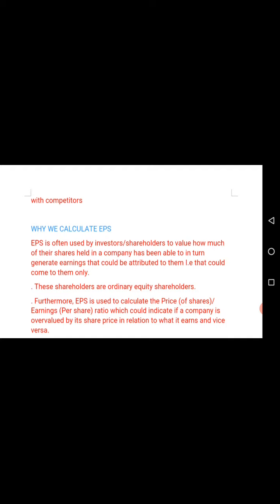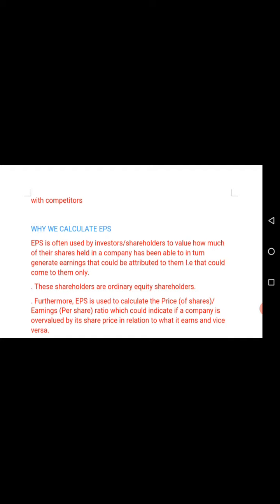EPS is often used by investors, shareholders, to value how much each share has been able to generate in earnings, that's profits, and that profit is the profit that is only attributed to the ordinary shareholders, who are the owners of the business.